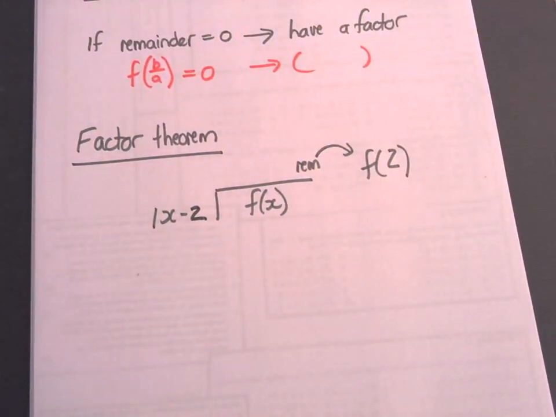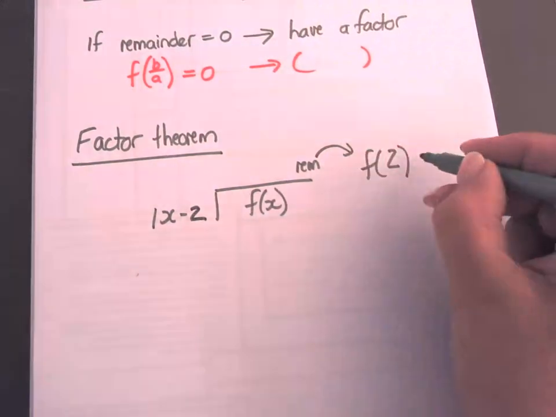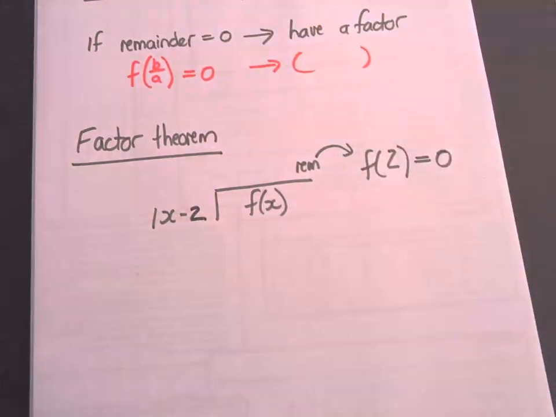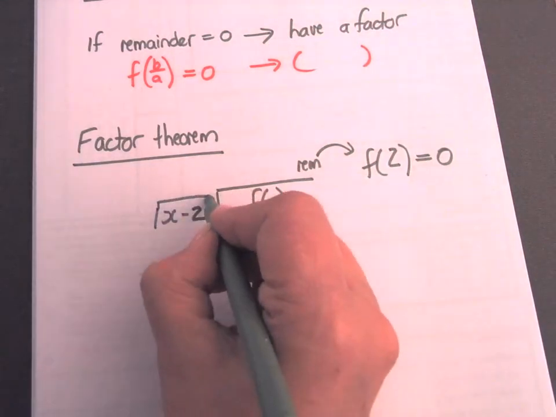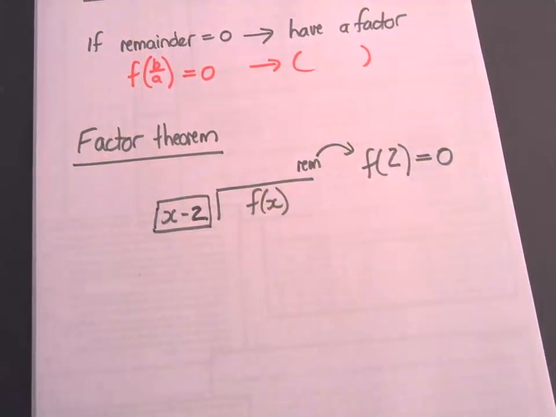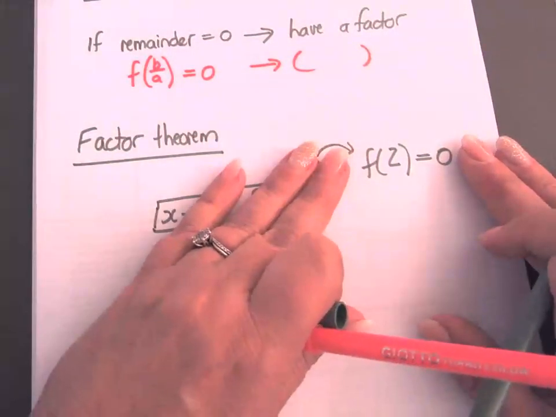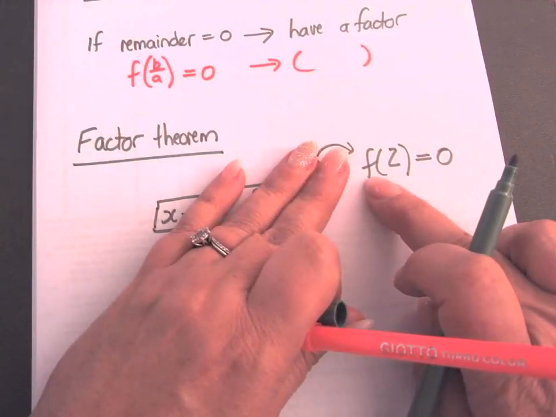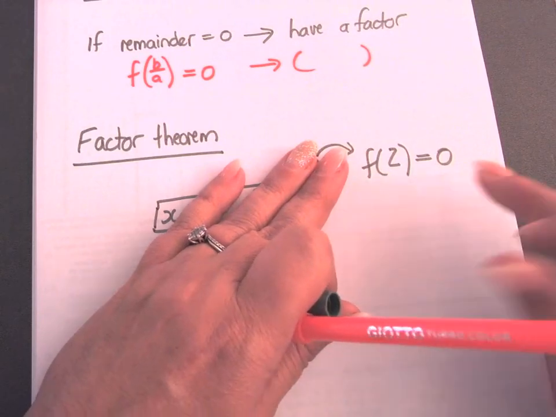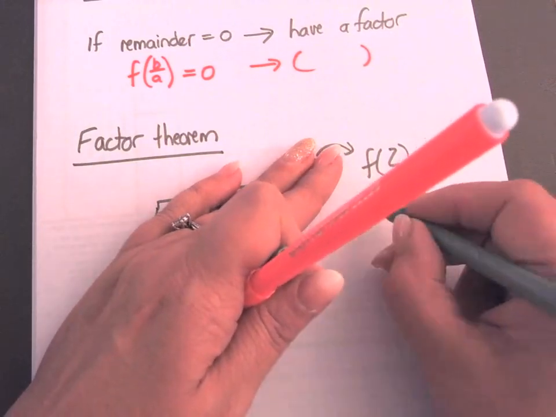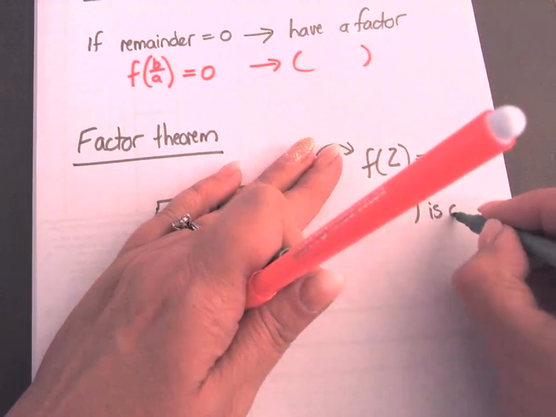Okay? If this remainder is 0, what does that mean? What is a factor? The divisor. This means that this is a factor. How do I get that? If you work out f of 2 is 0, you have to write, therefore, what is a factor?